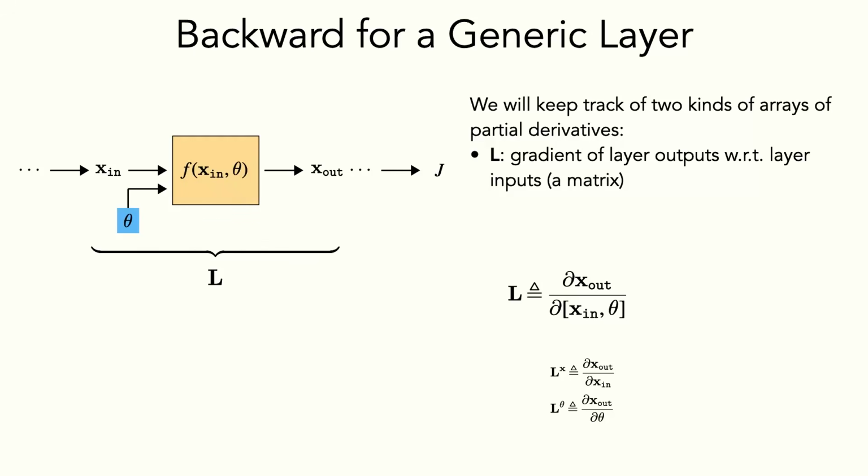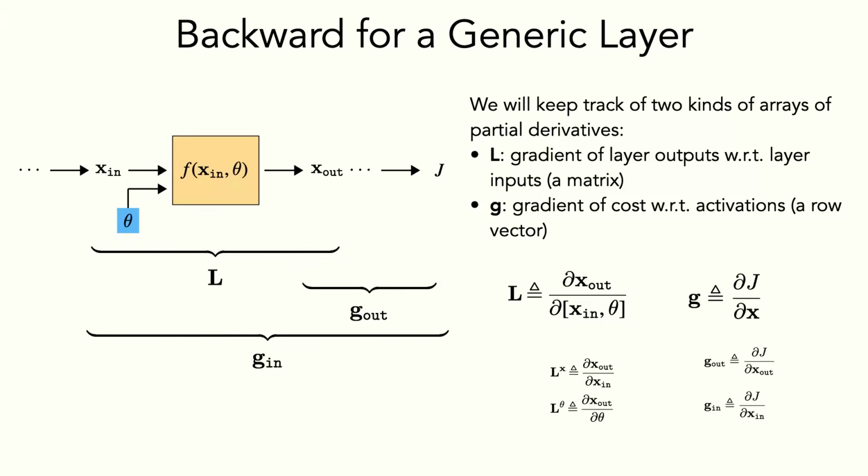And then second, we're going to keep track of G, the gradient of the cost with respect to the activations, and this will be a row vector. Essentially, it's the partial derivative of J with respect to X, that input.